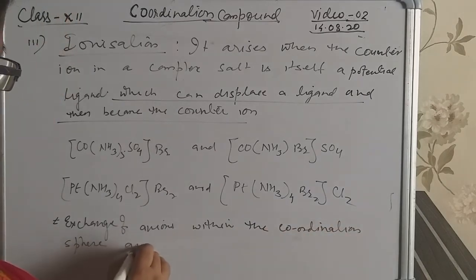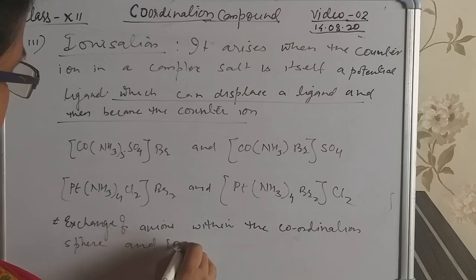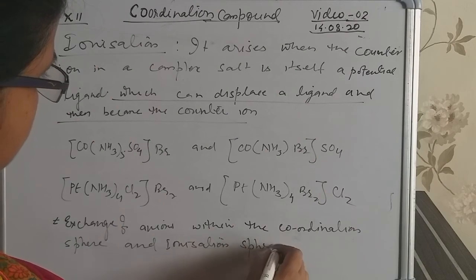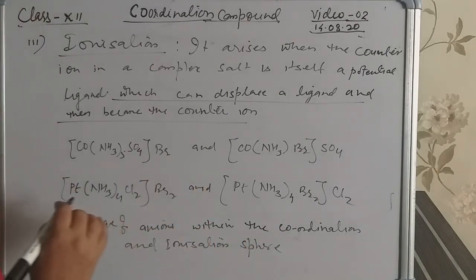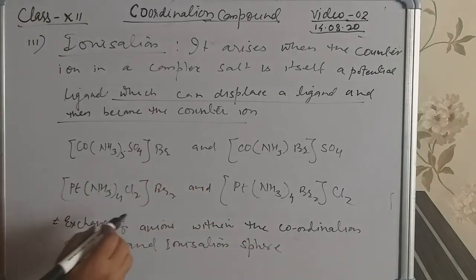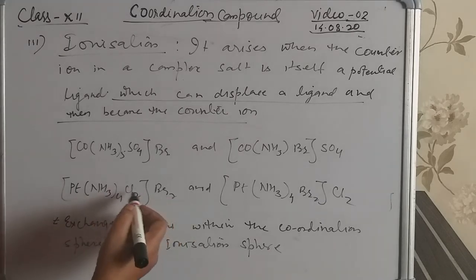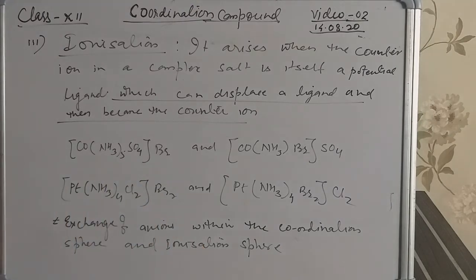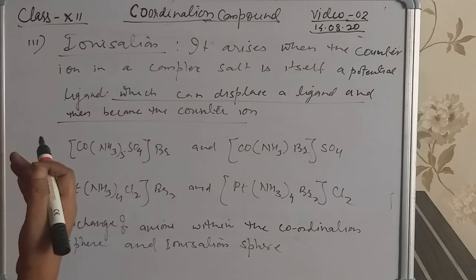Simply this type of isomerism arises when the exchange of anions between the coordination sphere and the ionization sphere takes place.